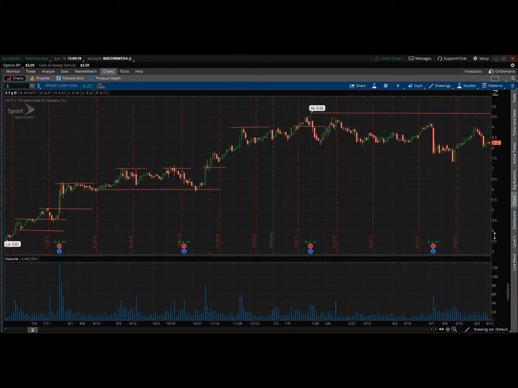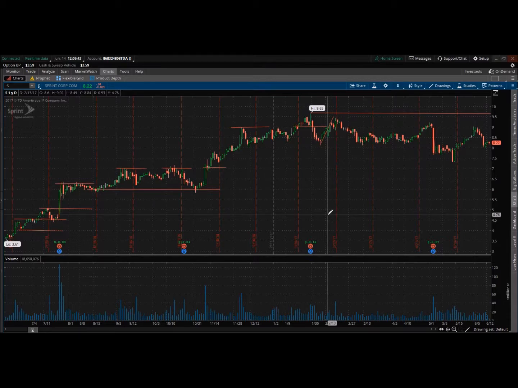But yes, this is the basics of resistance. So like I said, resistance is where the stock comes up and has a problem breaking through. It's where the sellers start to beat the buyers at this point in time. Fuck, there's a whole bunch of bugs flying around my room.